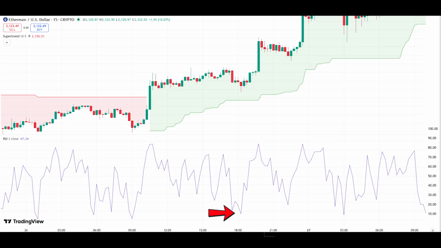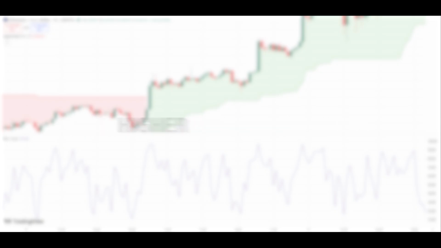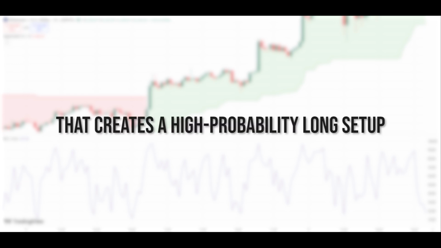When RSI drops below 10, it shows aggressive short-term selling pressure. But we still don't enter there. We wait for momentum to recover back above 30. That recovery tells us buyers may be stepping back into the market. So now we have higher time frame bullish confirmation, Supertrend supporting momentum, and a recovery after the pullback. And together, that creates a high probability long setup.